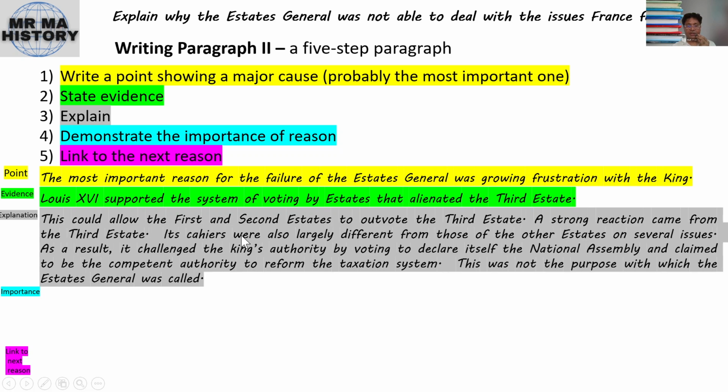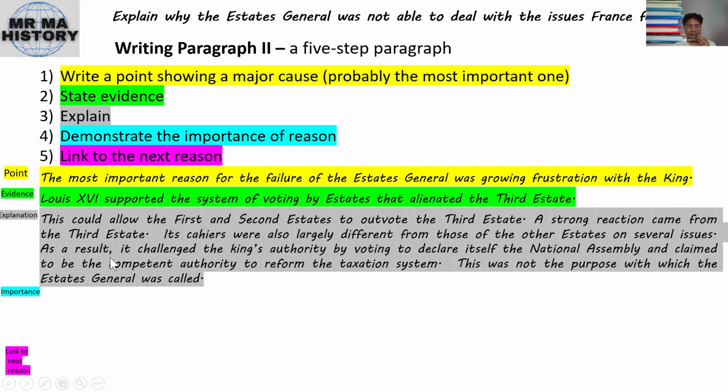It should not be irrelevant; it should address the question exactly. How is it addressing the question? I have written here: this could allow the first and second estates to outvote the third. A strong reaction came from the third estate. Its concerns were largely different.